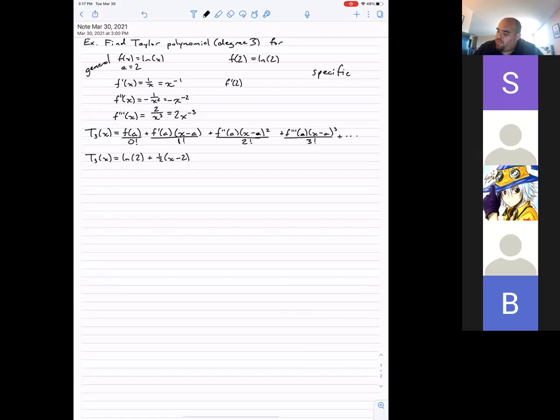So I want f prime of 2, which is going to be 1/2. What's f double prime of 2? And while we're at it, we'll get f triple prime of 2.